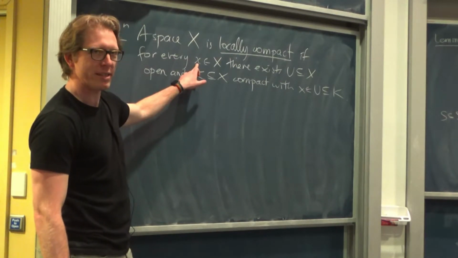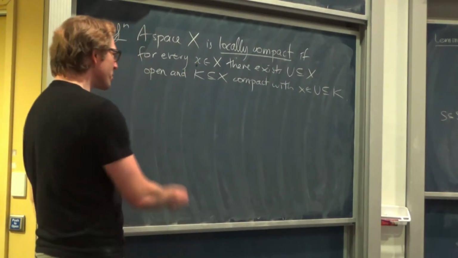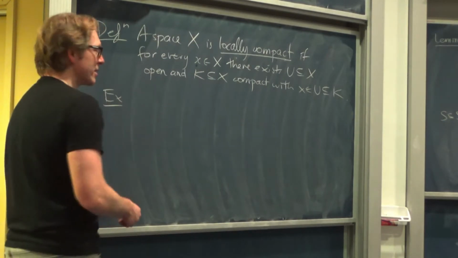So that would be an empty definition, and that's not really what I want. What I want to capture is what happens with R. That's sort of the point of this definition.